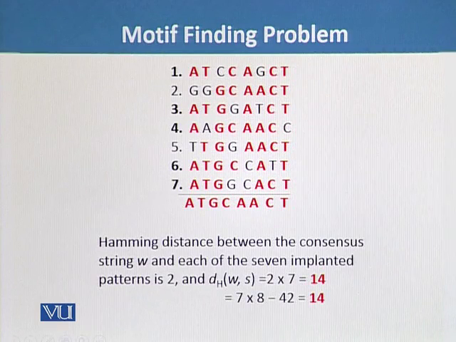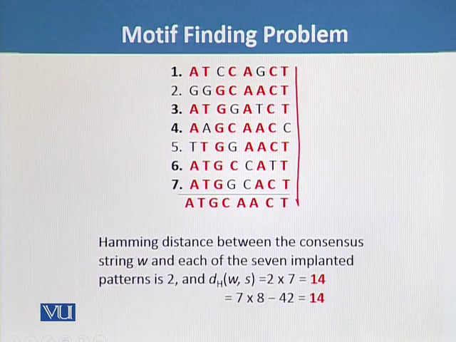So from this figure we can calculate both the motif finding problem and the median string problem. We have already said that the median string problem is the minimization problem and the motif finding problem is the maximization problem. Here we can see this is the profile, and the Hamming distance between the consensus string W and each of these 7 implanted patterns is 2.